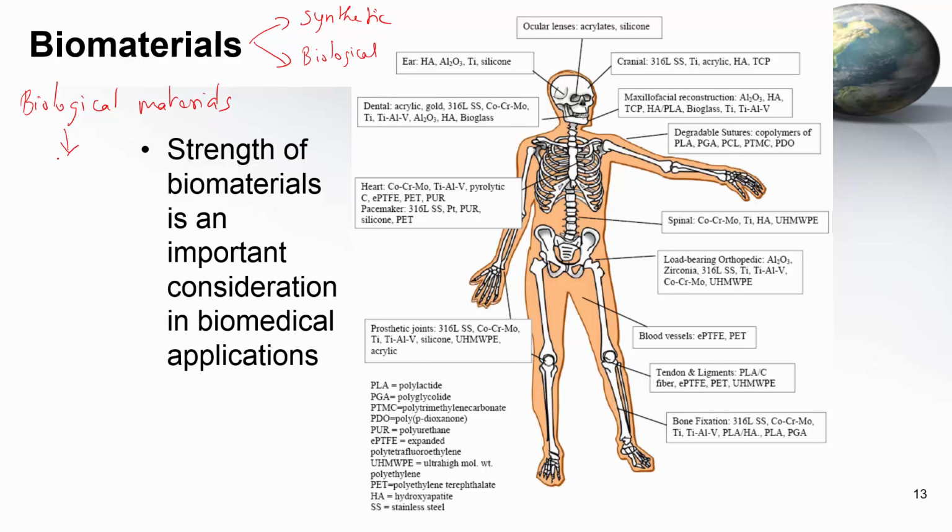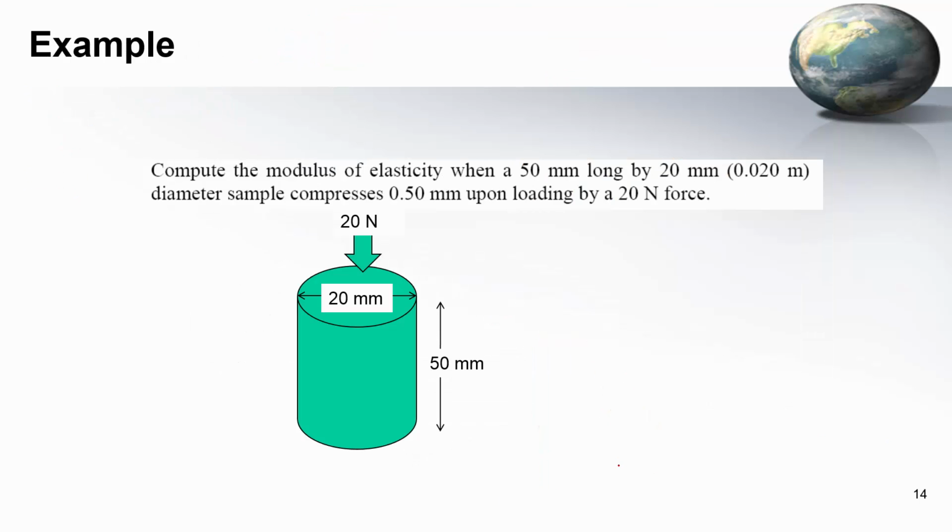Whereas a biological material is living or once living. If you are going to put a rod as a biomaterial in a human body, in a leg, then the strength of the rod should be similar to or better than the strength of the bone. So for a biological material, or even for a biomaterial, the strength of the material is an important consideration.